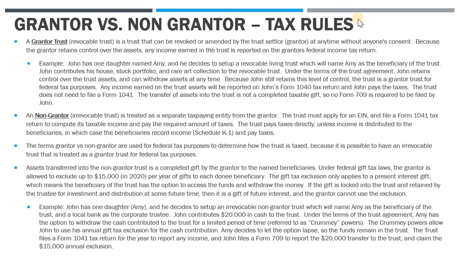Now, the reason this is important is because if a grantor retains control over assets that are put into a trust, any income earned is going to ultimately be reported on the grantor's federal tax return.